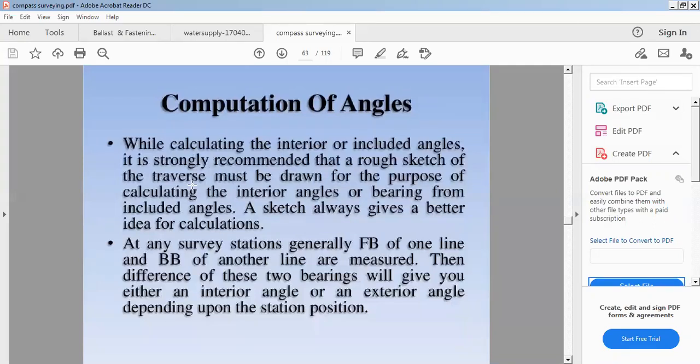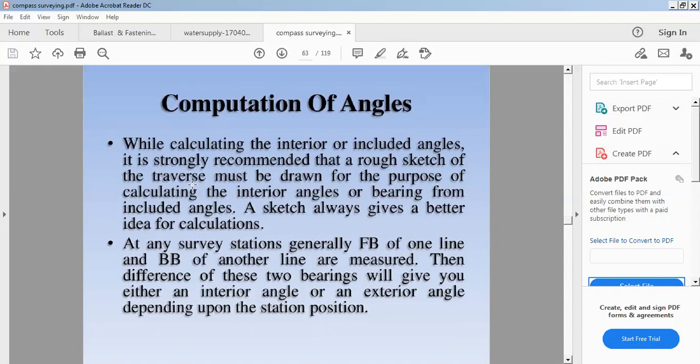So in this case, you can read the second point. The forebearing of one line and the back bearing of the other line is measured as we discussed earlier. The forebearing is whatever we have done in the progress of the survey work, in a clockwise direction. If we see the previous point or back point, that will be your back bearing.